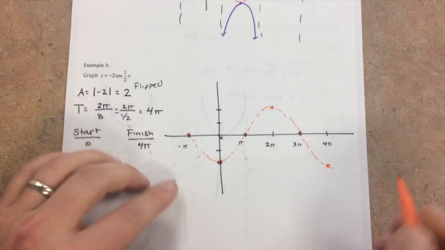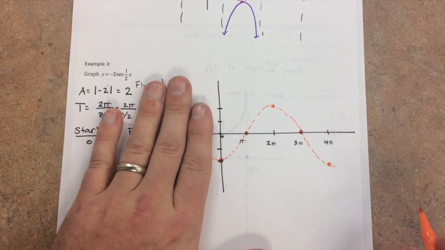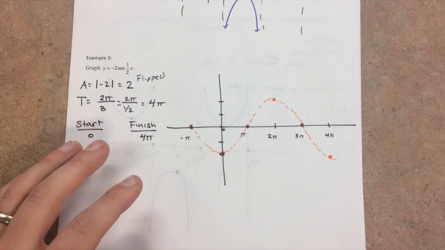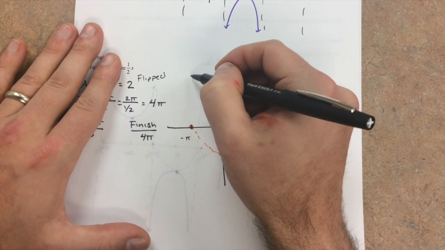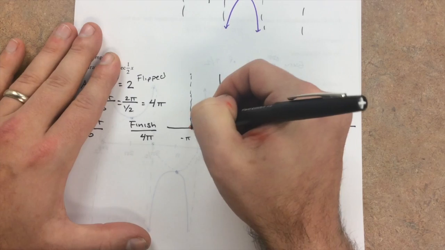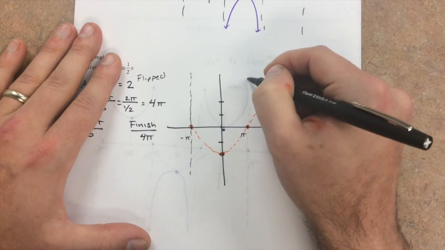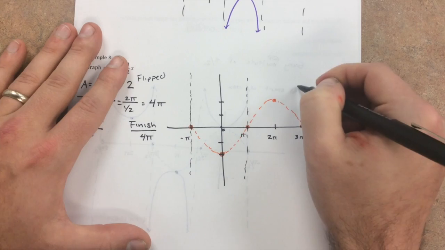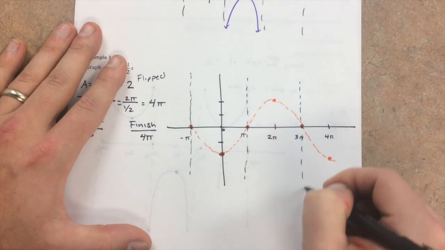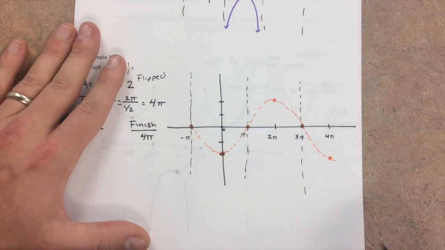And if I cover this up, there's our cosine one revolution graph. So now we see that our vertical asymptotes happen at every multiple of pi. So at negative pi, at 2 pi, at pi, at 3 pi, the next one would be at 5 pi.